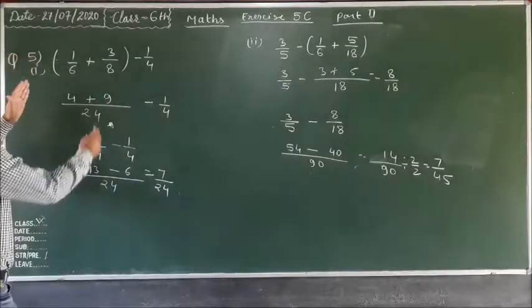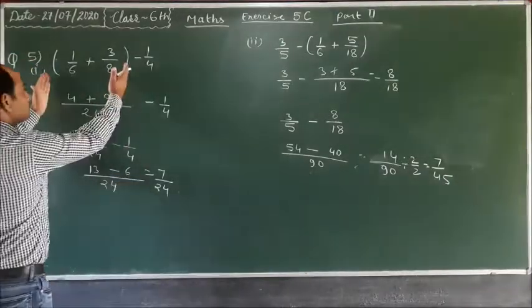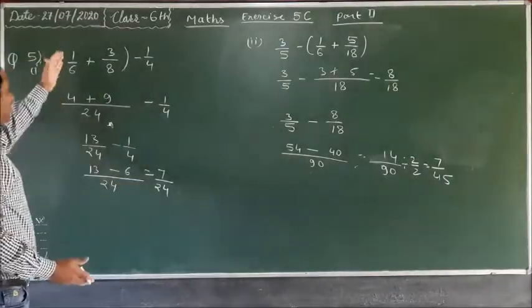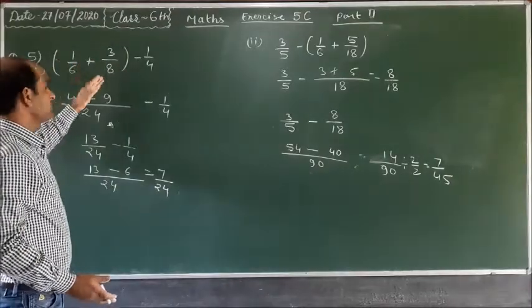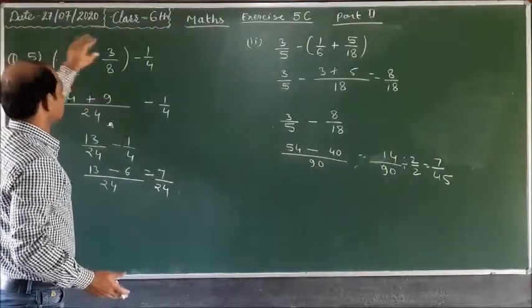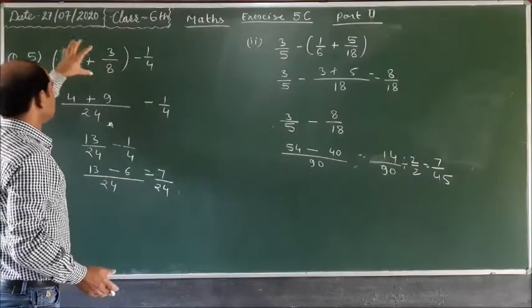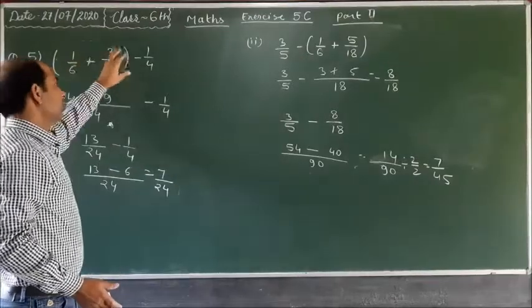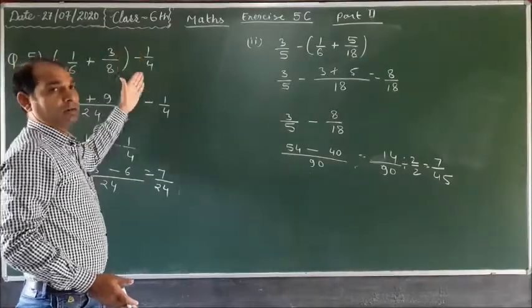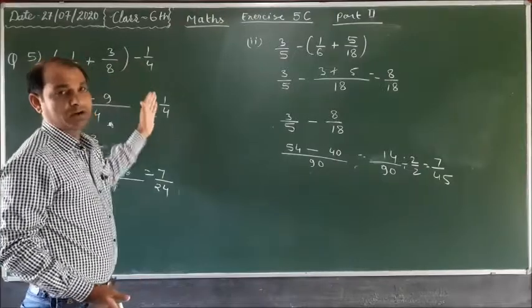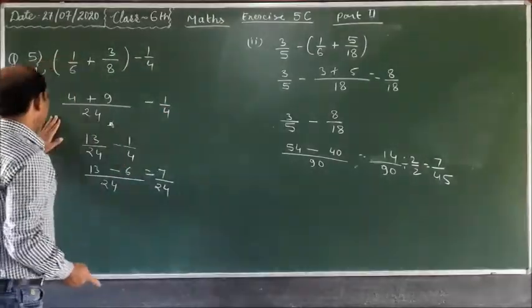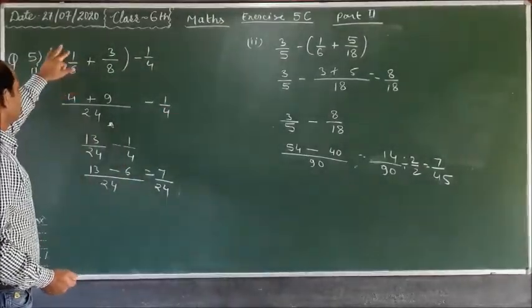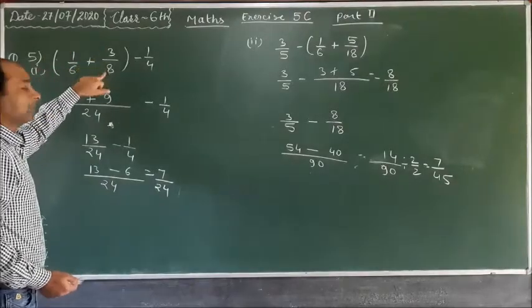So dear children, first we break this bracket. First we remove the bracket, and after that we solve the minus 1 upon 4. So first we write 1 upon 6 plus 3 upon 8.